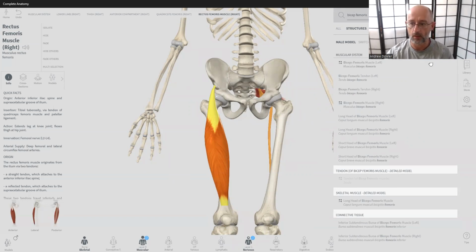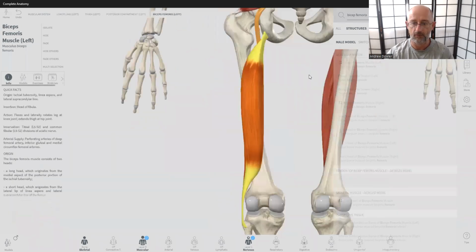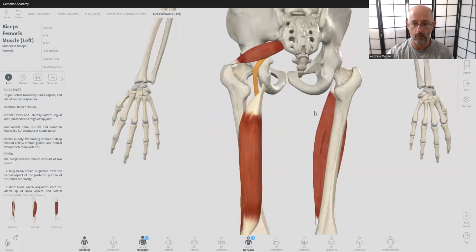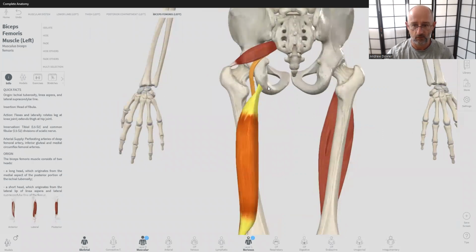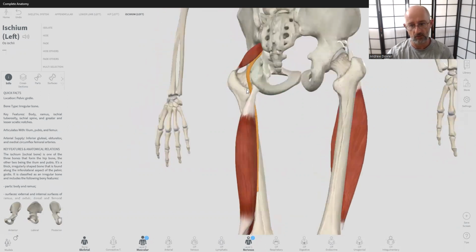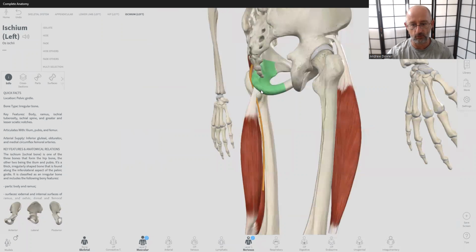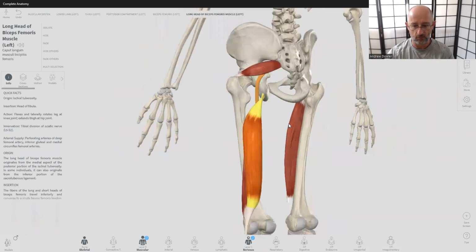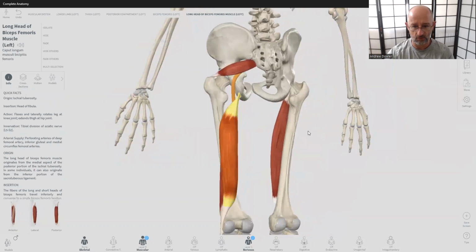And here on the biceps femoris, this part of the bone is called the ischium, and where it's attaching on the back is called the ischial tuberosity. So the biceps femoris is quite a thick muscle, a bit thicker than the rectus femoris.